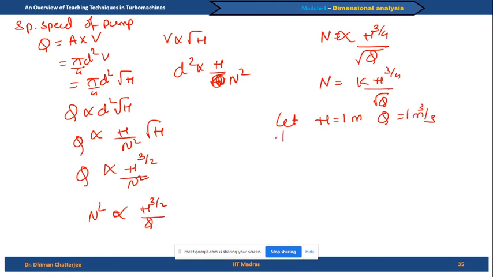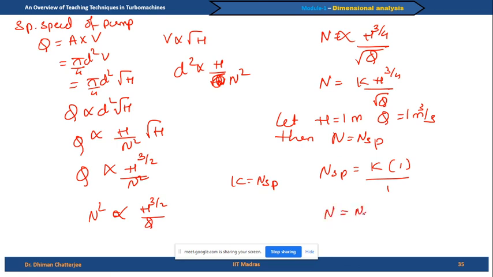Then n will be equal to nsp. So therefore we can write nsp equal to k into 1 by 1. So k is nothing but nsp. Substituting it back, we will get n equal to nsp h raised to 3 by 4 by root Q.